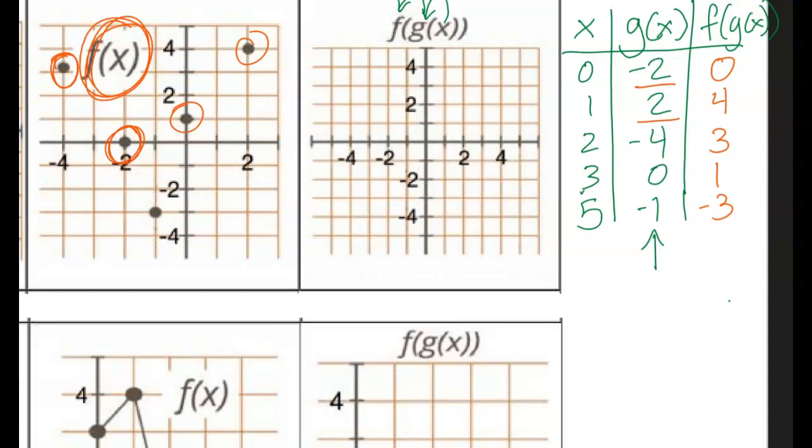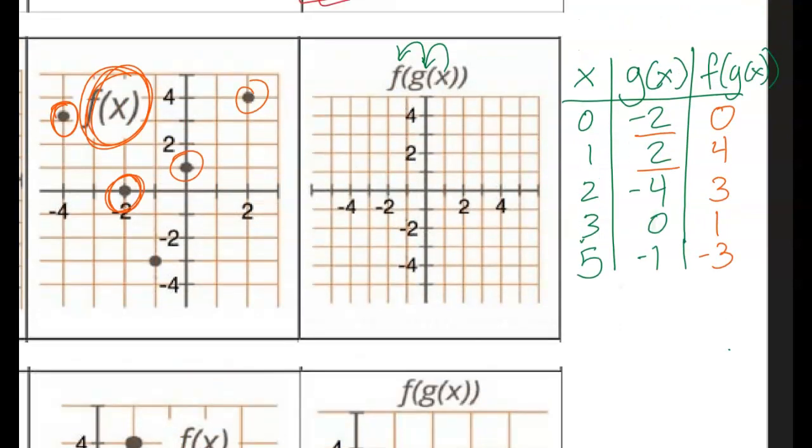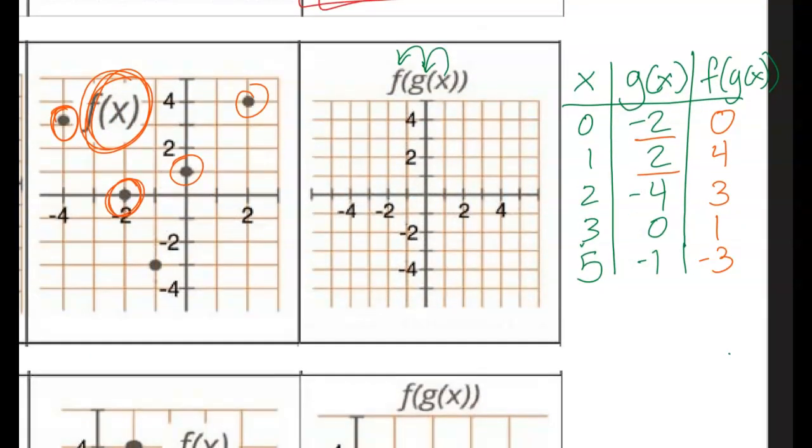So now I finished my table, right? I found the final outputs f of g of x. Now I just have to graph these. To graph, you're using the initial x input as your x value. You're still using this first column as your x value, but you're now using the last column as your y value.